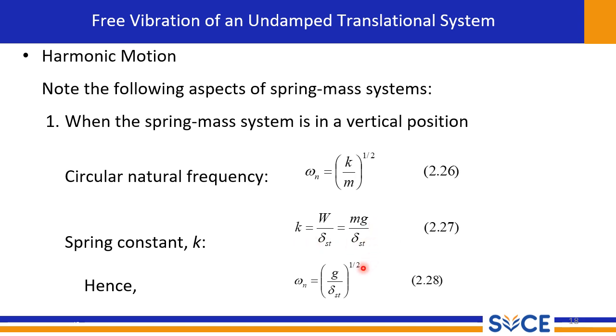Hence, the circular frequency becomes omega n equal to the square root of K by m; substituting for K, the mass gets cancelled. We get natural frequency equal to the square root of g by del static. This is our new expression for the natural frequency.